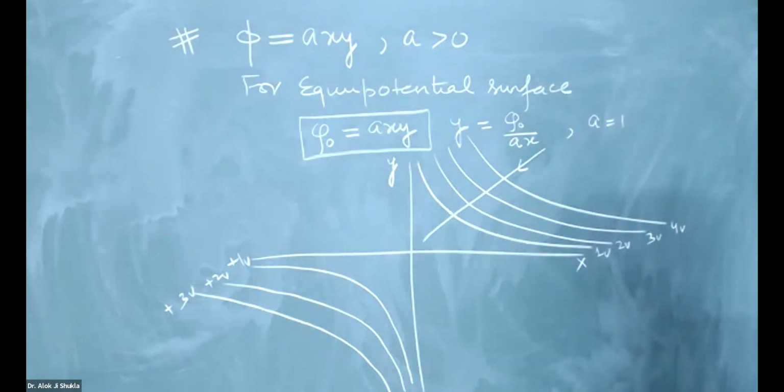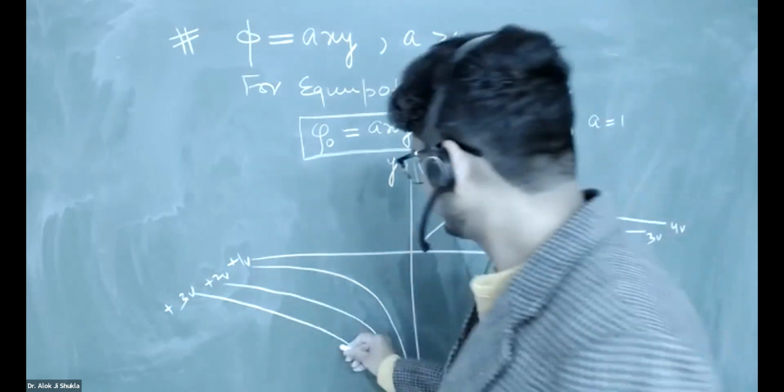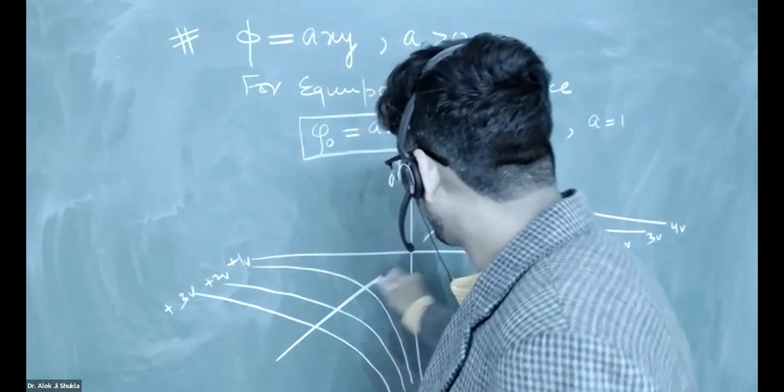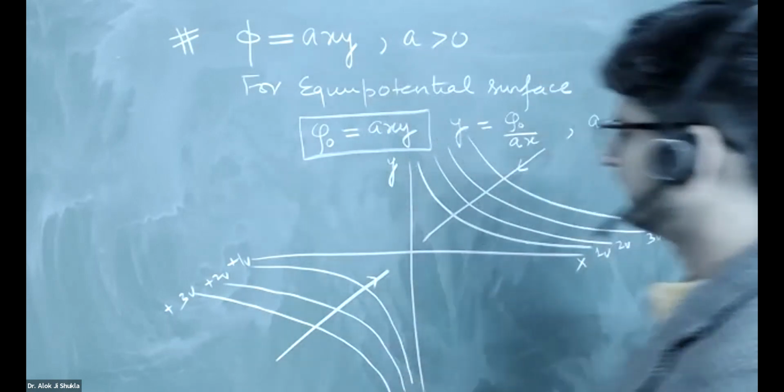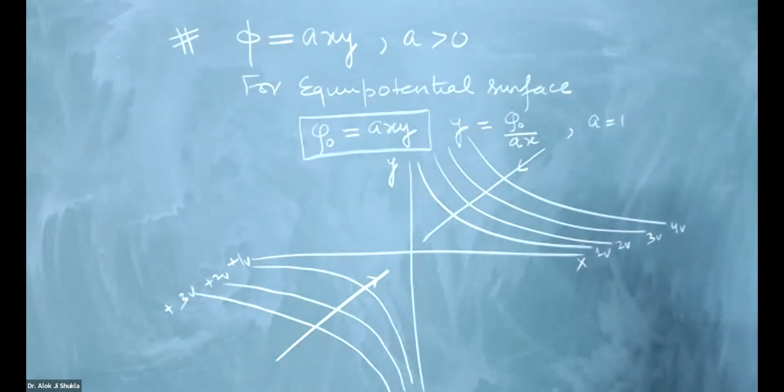It is perpendicular to the equipotential surfaces in the decreasing direction of the potential. And here also perpendicular to the equipotential surface and in the decreasing direction. Yes or no? ये देखो समझ आ रहा है?